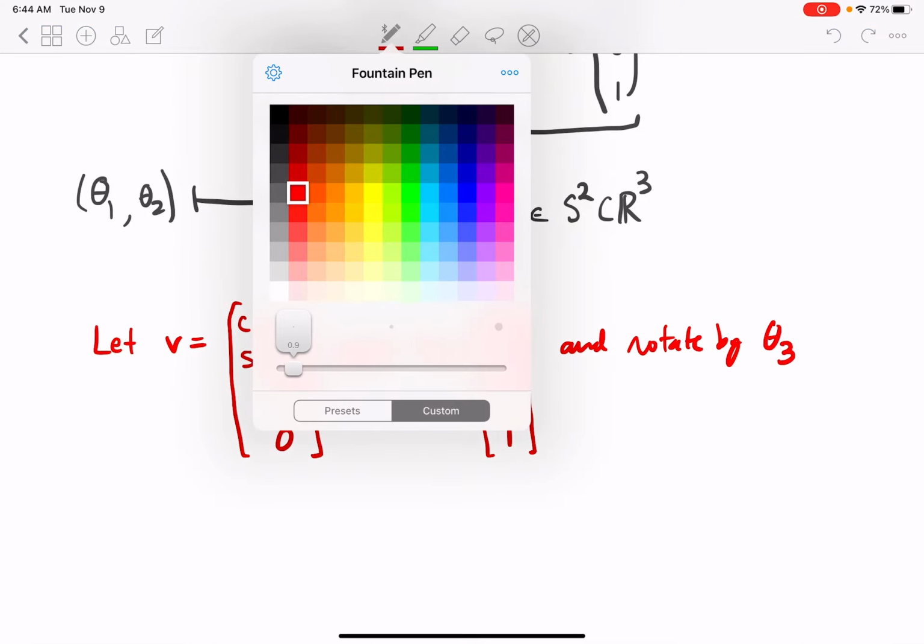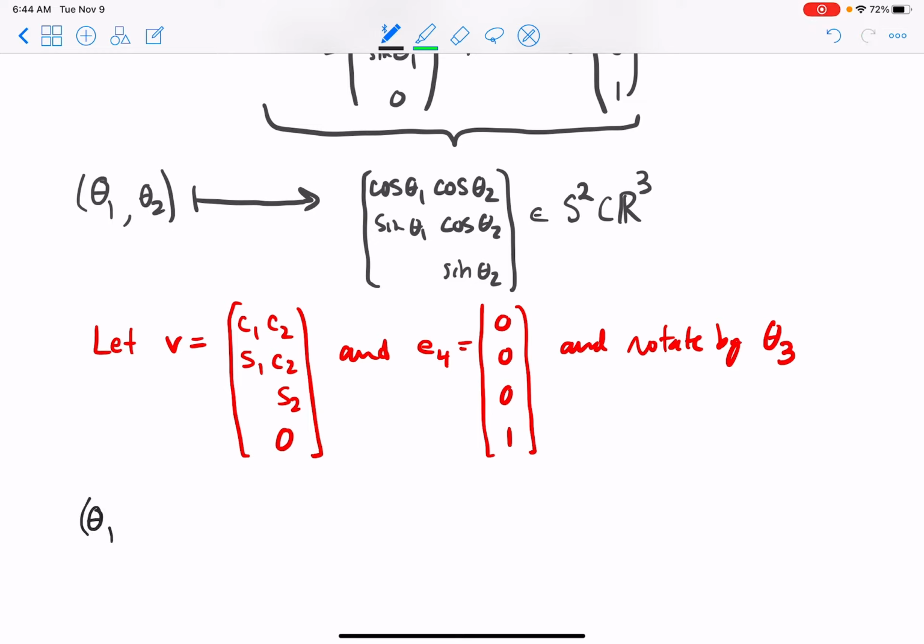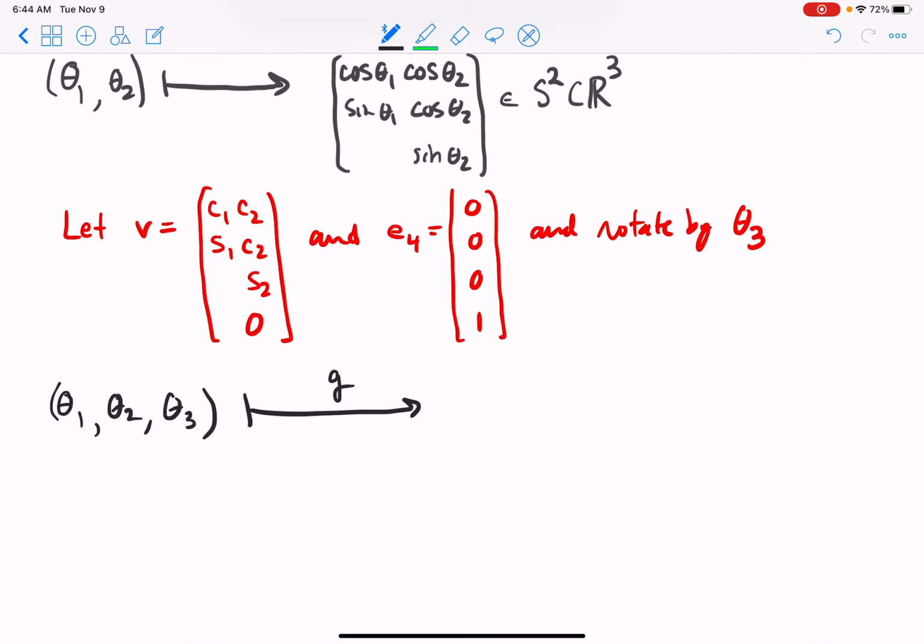This will give us our map, theta 1, theta 2, theta 3, being sent, and I'm going to call this little g, to what? Well, we need to rotate cosine of theta 3 times this vector, and sine of theta 3 times this vector. And we're just going to pull the entire sphere up or down and get new spheres, new two-dimensional spheres within the three-dimensional sphere.